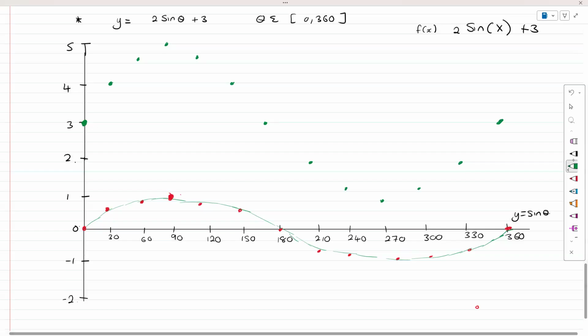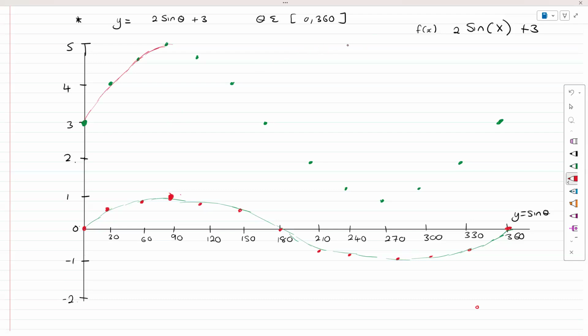Now, guys, I'd like you to fully understand this graph. I'd like you to see something quickly: there's no x-intercepts on this graph. There is a y-intercept, but there are completely no x-intercepts.